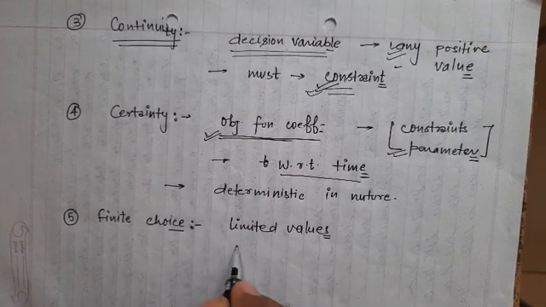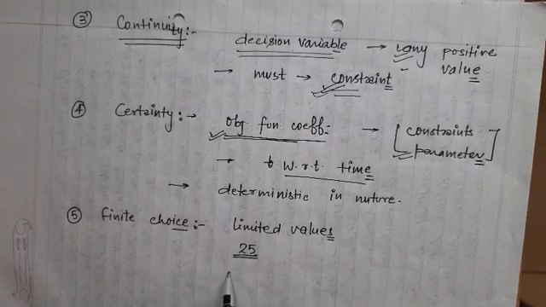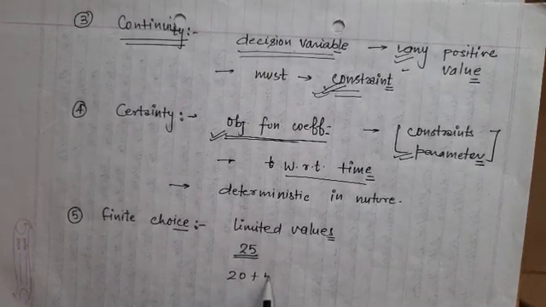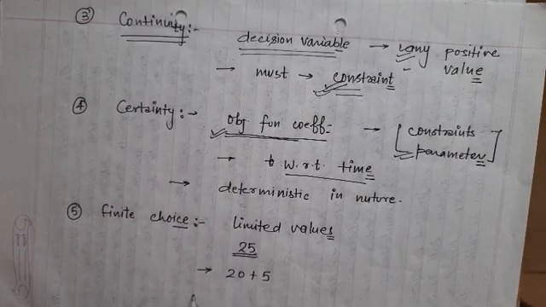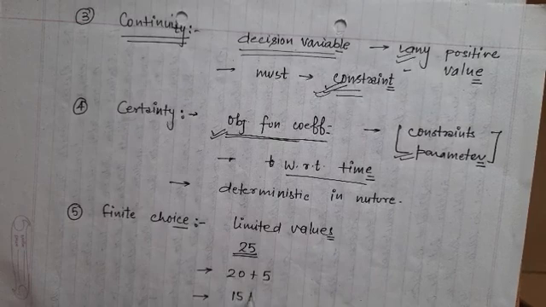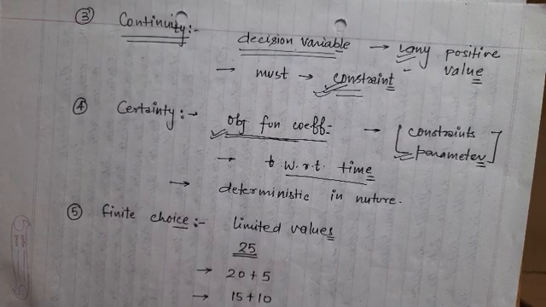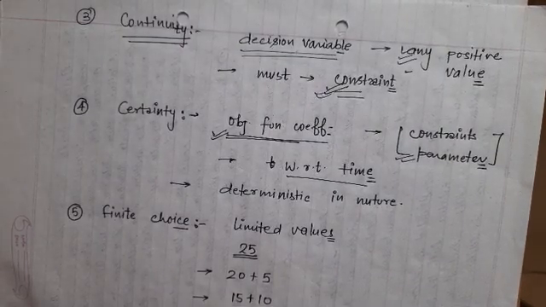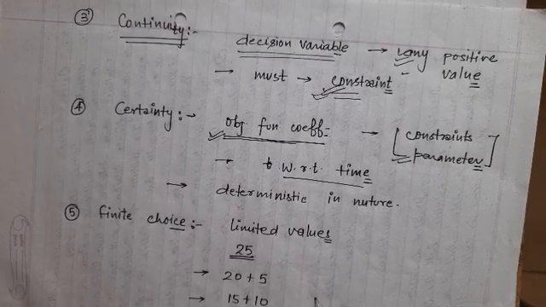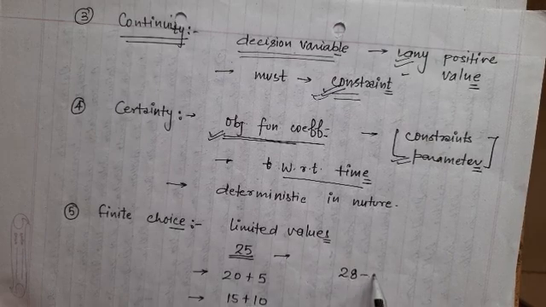Suppose I write 25, so 25 can be written in a number of ways. The first way is to write 20 plus 5, it is 25. We can write 20 plus 5, or I can write 15 plus 10, or another way I can write 21 plus 4, all are 25. But 25 cannot be written as 28 minus 3.